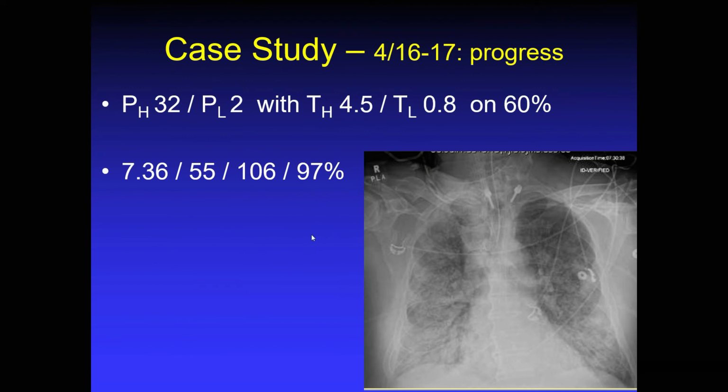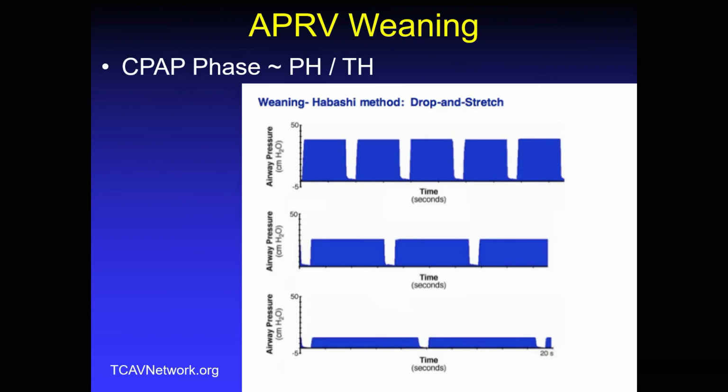And the patient gradually improved over the next few days. You can see improvement here in their chest x-ray, and their overall status continued to improve, and we were able to gradually drop and stretch them out, and ultimately the patient improved.